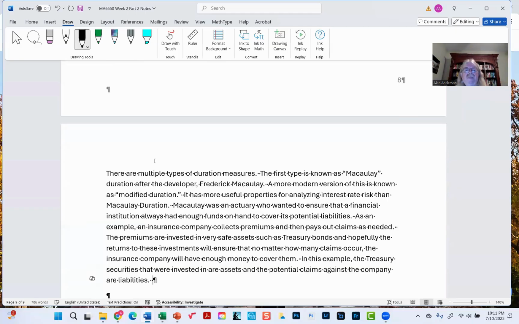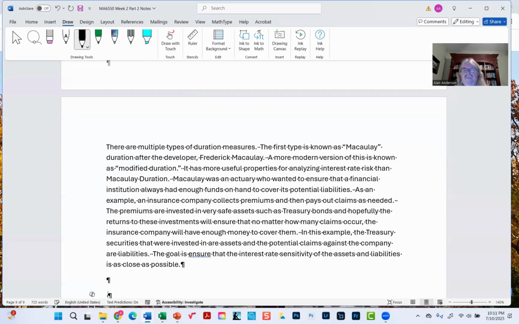So the goal is to ensure that the interest rate sensitivity of the assets and liabilities is as close as possible.